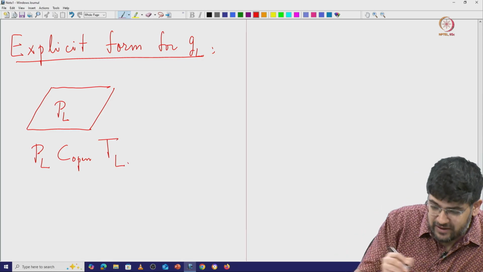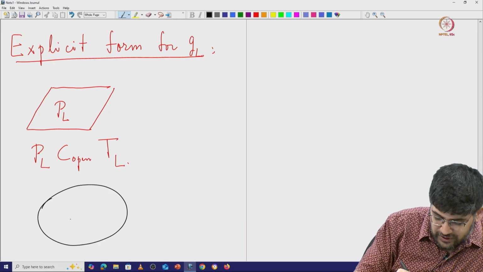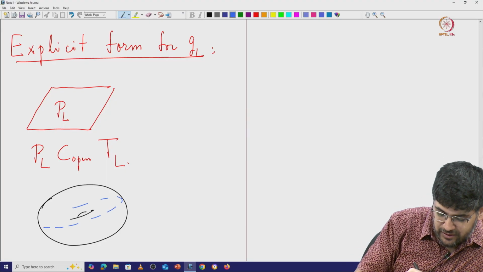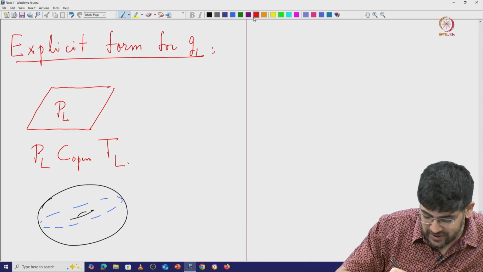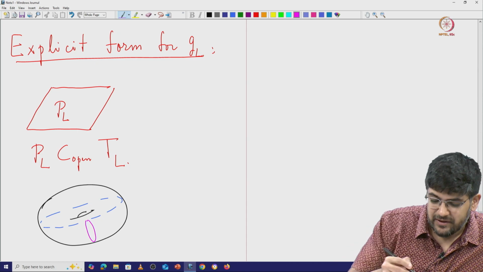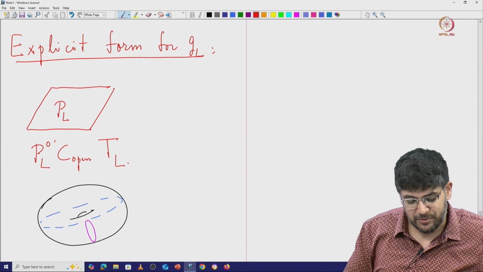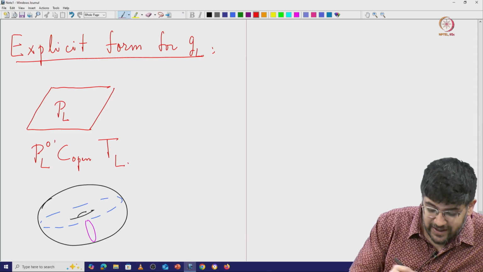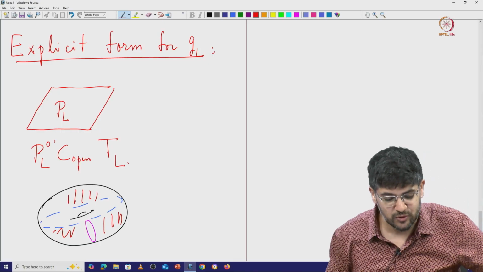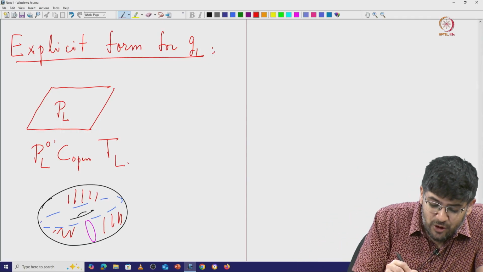So in fact I had drawn this picture of the donut. You have these two circles. So when I say P_L, I should say the interior of P_L. The interior of P_L is basically just the complement of these two circles in the torus. So that will give you an open set in T_L.